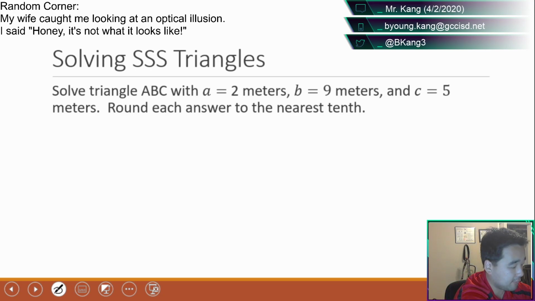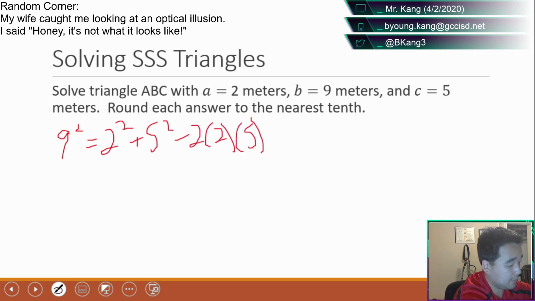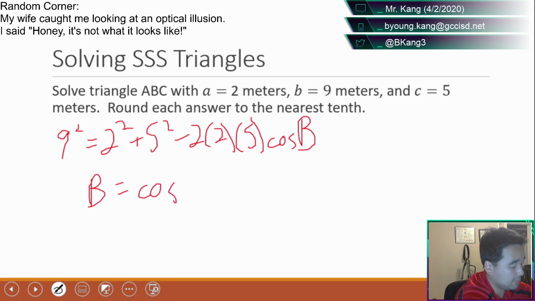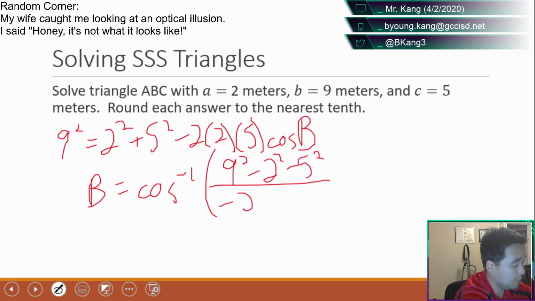If I try to solve for B first, this is the setup. Okay, and then cosine of B, and then we just do exactly what we did the last slide. You're going to see something weird happen when we do this. 9 squared minus 2 squared minus 5 squared over negative 2 times 2 times 5.